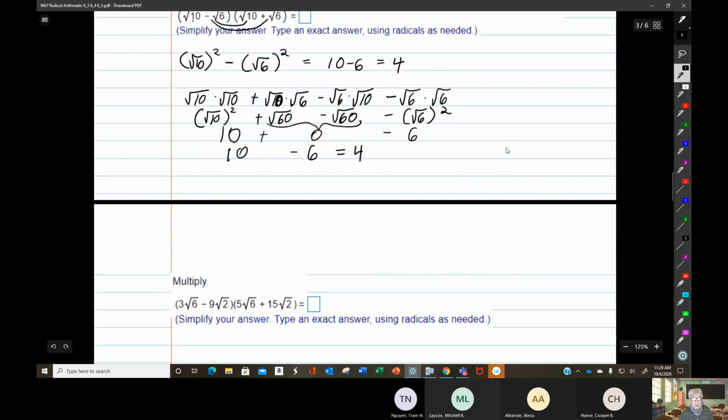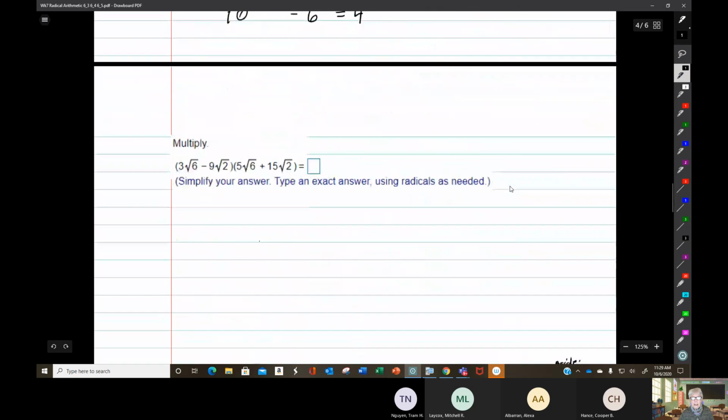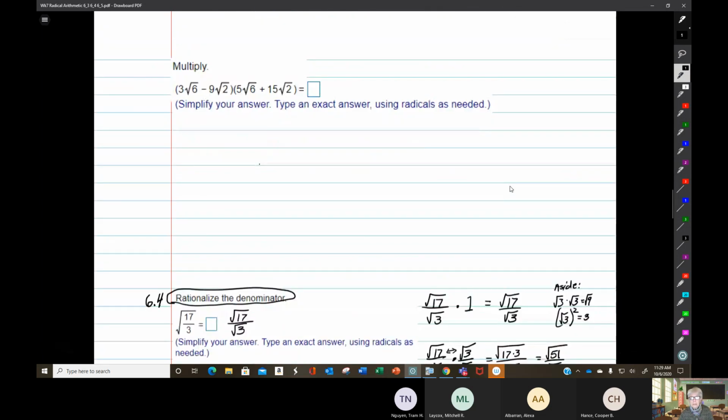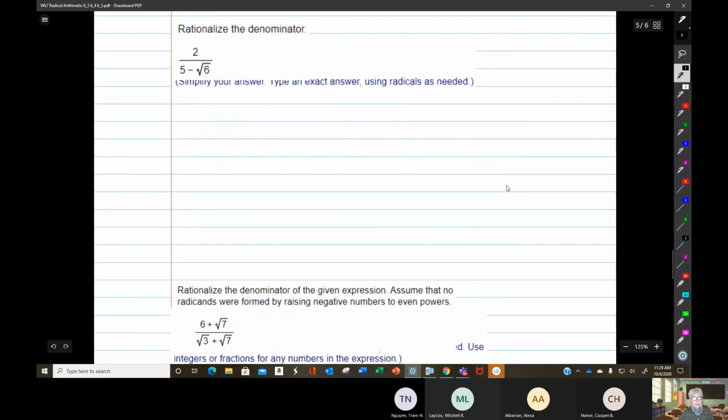And a lot of this actually you would have talked about in beginning algebra, but it's not emphasized. Sometimes it's not even put on the final exam. This is college algebra. We're going to rationalize this denominator, but it has 2 terms. You have to use a completely different method.